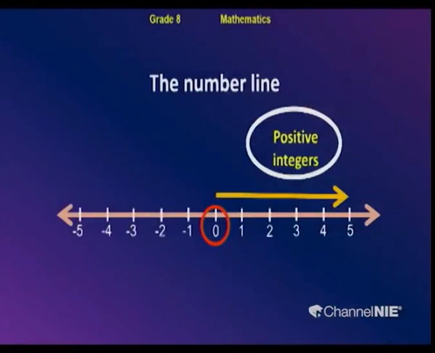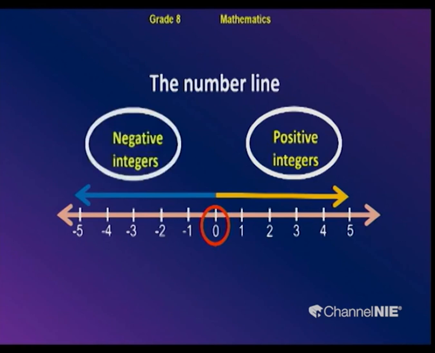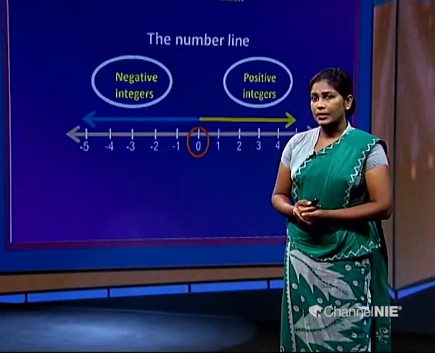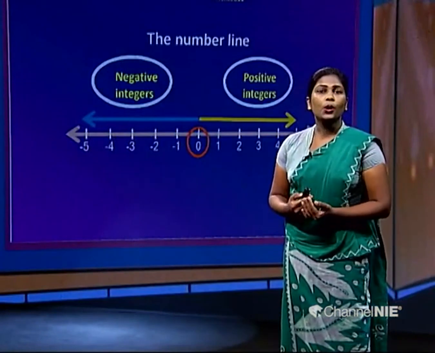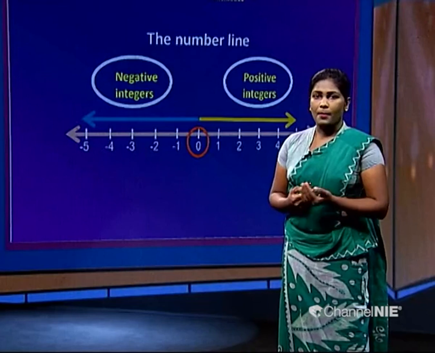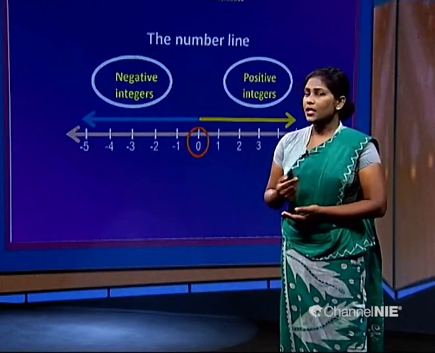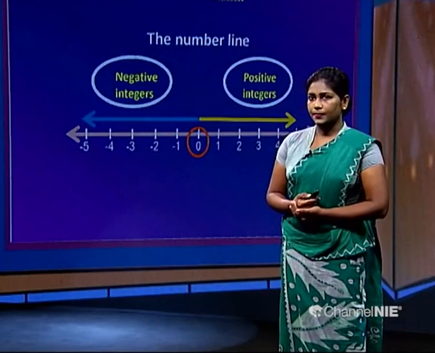Then look at that. When we consider the left side from the 0, those are called negative integers. Negative integers means the negative whole numbers. -1, -2, like that. Next, move on to the next part.